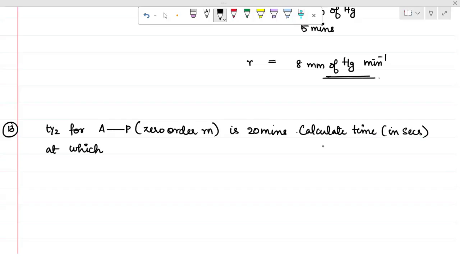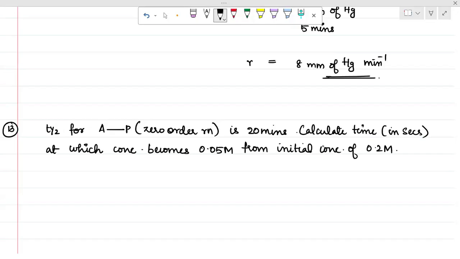Calculate the time in seconds at which concentration becomes 0.05 molar from initial concentration of 0.2 molar.